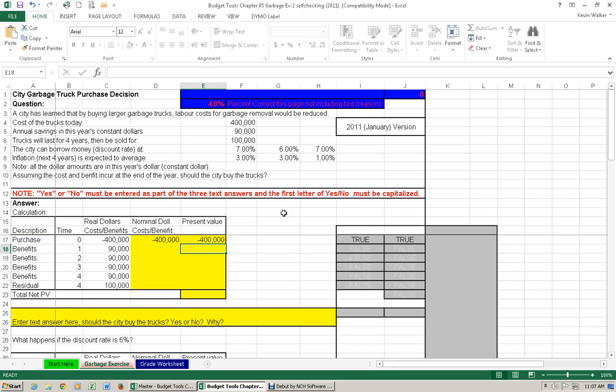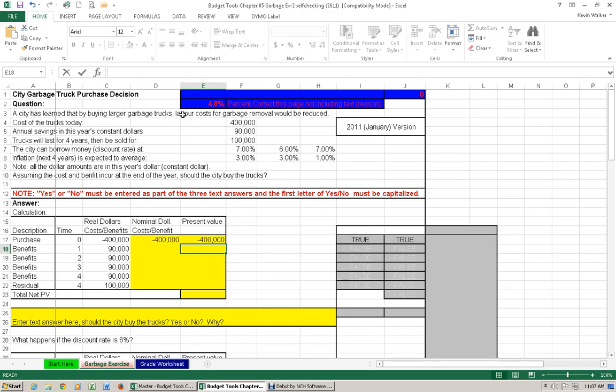So now we want to calculate these benefits. Here's what we're looking at. In year 1, we're expecting to receive a benefit of $90,000. This is what we're figuring it's going to save in labor costs, by estimating that it's going to save you, say, 2 fewer people a year, because your garbage truck's going to be able to move more stuff at a time.